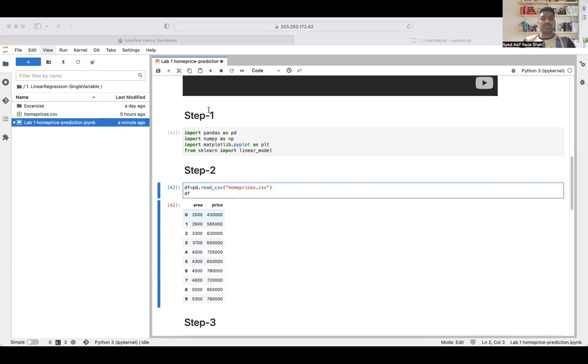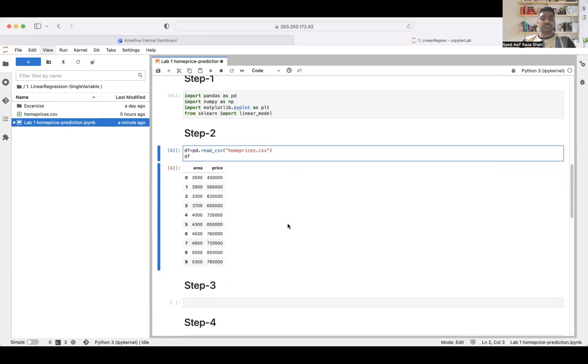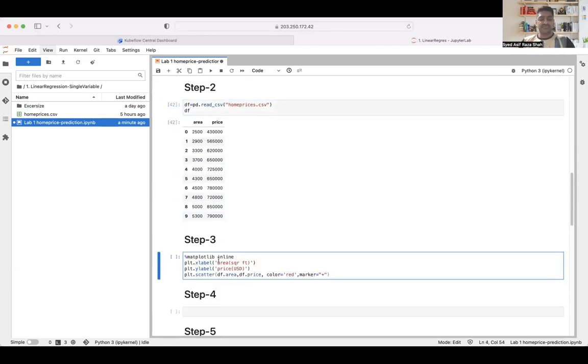Once your data frame is available, the next step is to plot the data points, which I showed you before in my presentation. How can you do it? You have to write the matplotlib inline magic. This is a very magical thing whenever you are plotting any data points. At plt, we give the X label as area in square feet, and the Y label as price in USD.